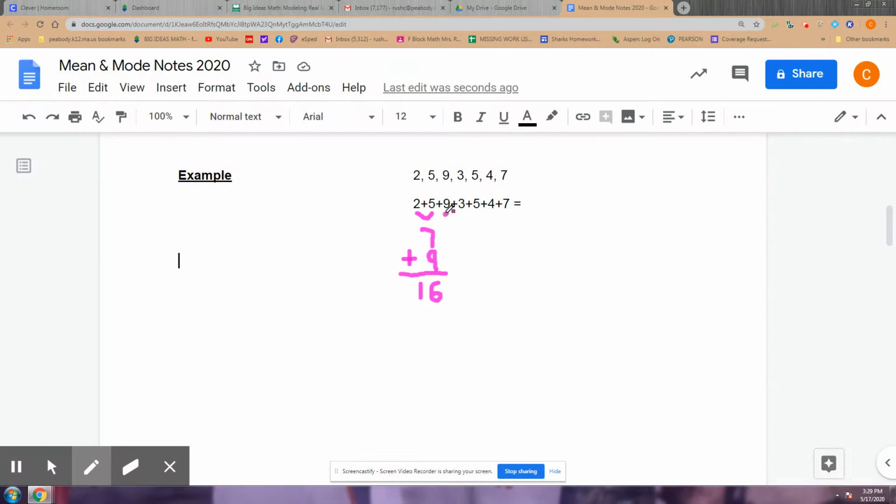So I did the 9. Now I'm going to do the 3. 16 plus 3 is 19. Now I'm going to add the 5. 19 plus 5 is 24.